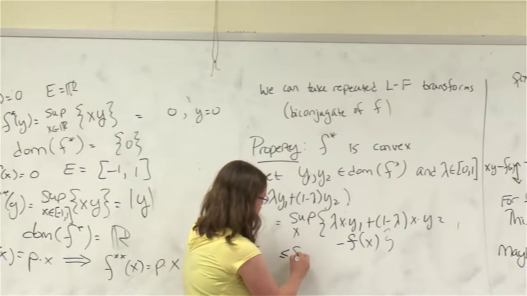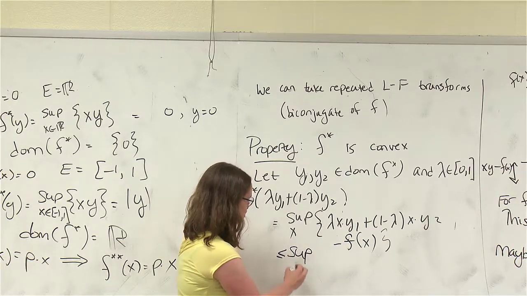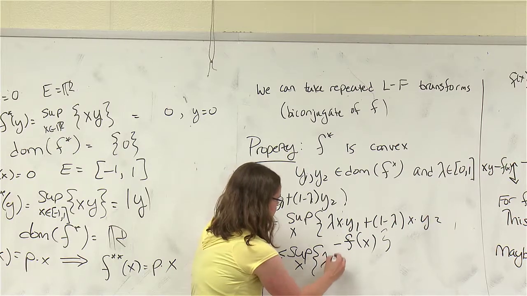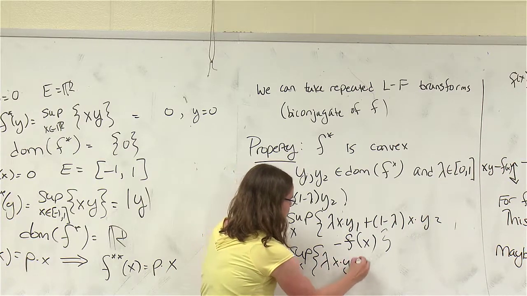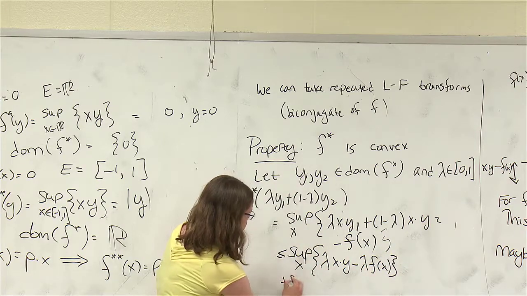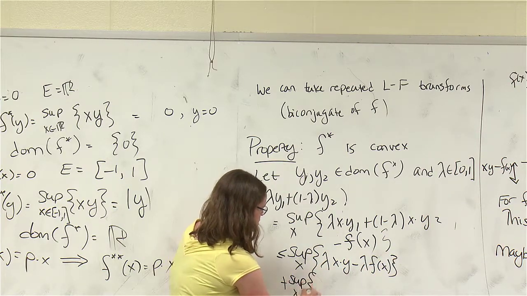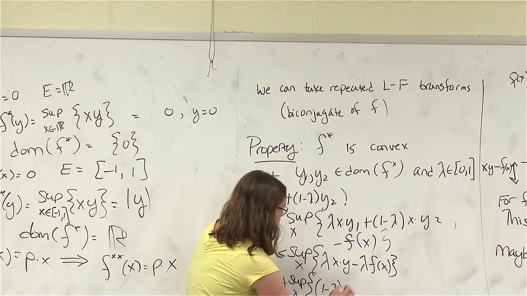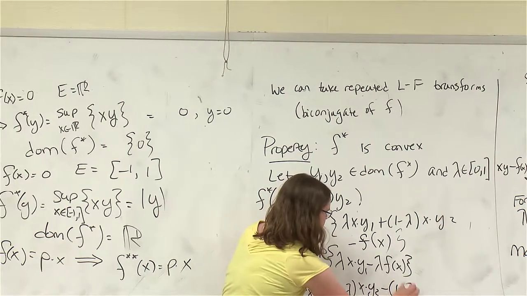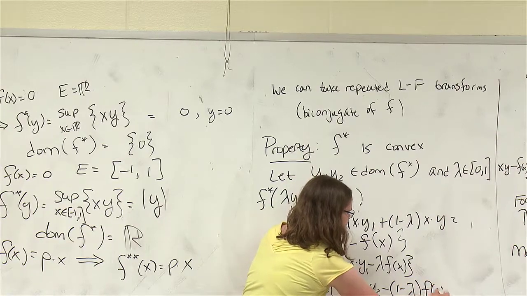So this is bounded by the supremum over all x of lambda x dot y1 minus lambda f of x, plus the supremum of 1 minus lambda, x dot y2, minus 1 minus lambda f of x.